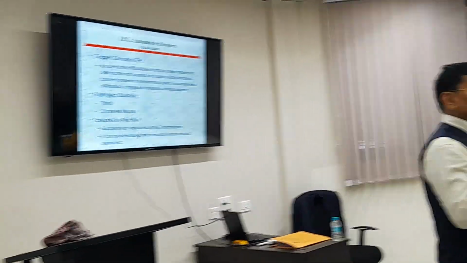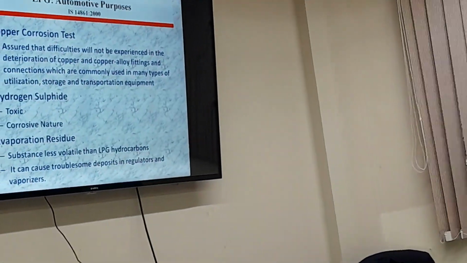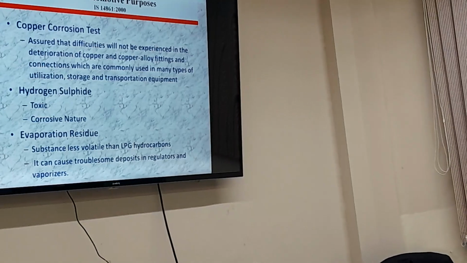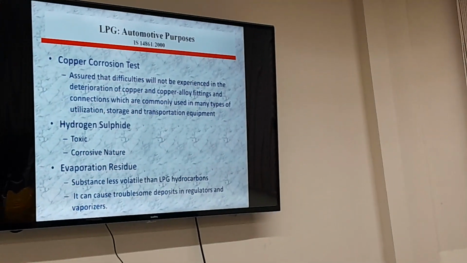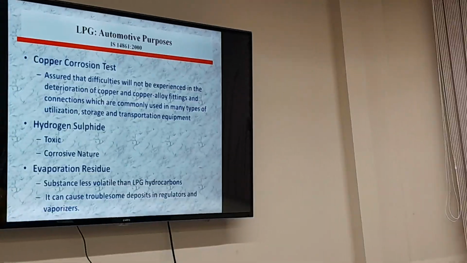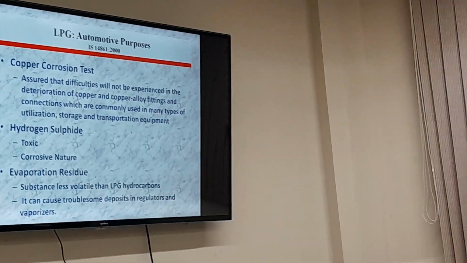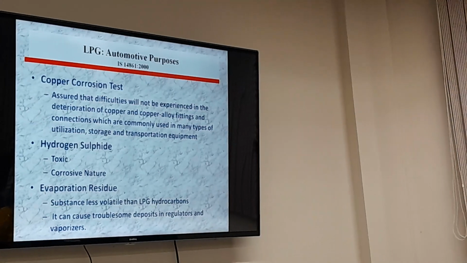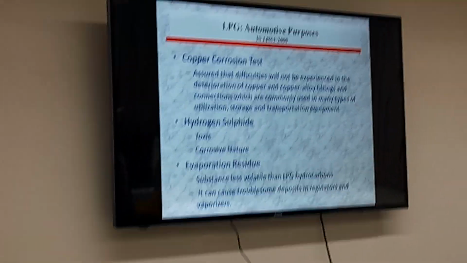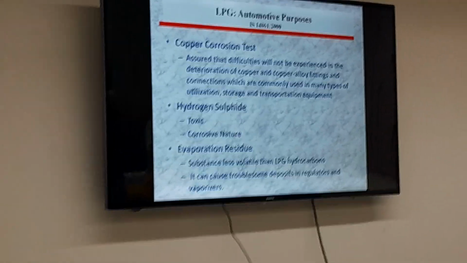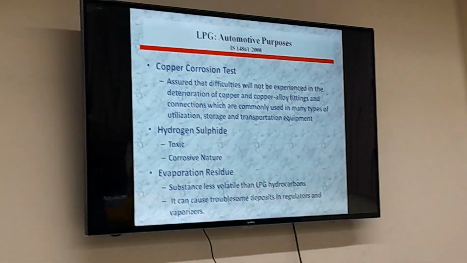Because when you are reporting the copper strip, you have to mention the temperature, 50 degrees C, and 2 hours. After that, you take out the strip and dip it in isooctane, because if you are using diesel or kerosene, oil might have C6, but that creates problems in the engine when you are using it as automotive fuel.